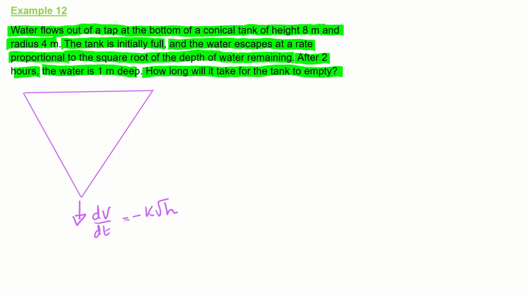So we know that the height of the tank is 8 meters and the radius is 4 meters. That means at some time when the water is at height h, just using the fact that this is 8 and this is 4, similar triangles tells us the radius at this point is half of h.